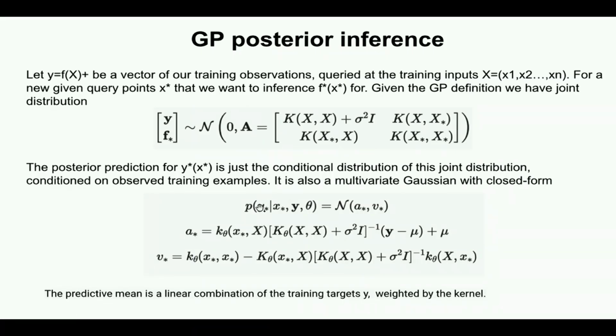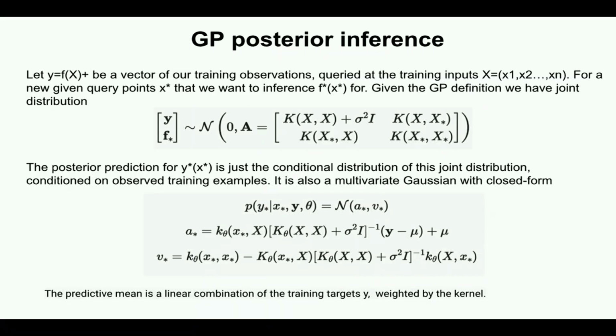So you can see that y star, again, is a Gaussian distribution, and the mean and the variance both depend on the value of the training data, which is the y. On the other hand, they also depend on the kernel function, which defines how things extrapolate across these points. You can consider the mu here as the prior mu, and this is the new mu, from the training data that you observe.